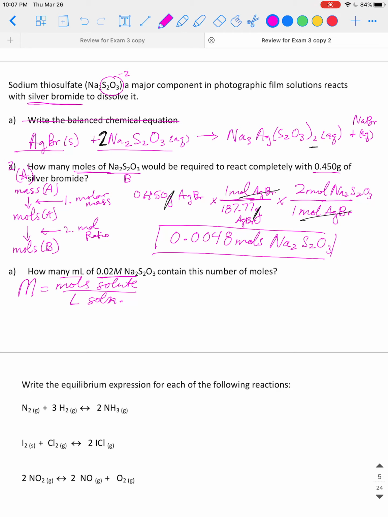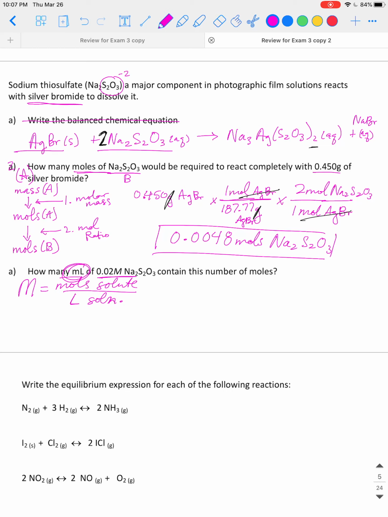I encourage you to put this equation on your note card. It says how many milliliters. Well, we don't have milliliters in our equation, but we do have liters. And once we get liters, we can convert that to milliliters. Easy enough. So I'm going to rearrange our equation to solve for liters.